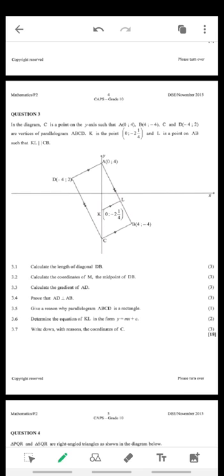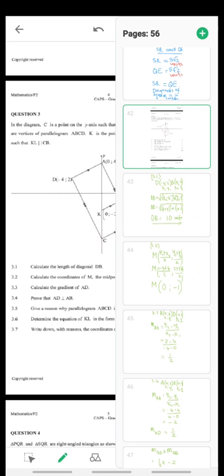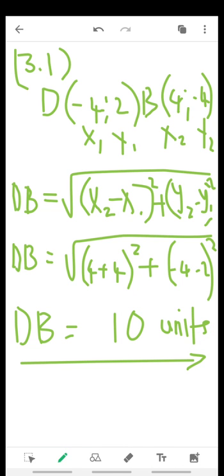Yes. D is (minus 4, 2), B is (4, minus 4). I start by writing them down, then allocate x1, y1, x2, y2. Then when I use my distance formula, I found that DB was 10 units.